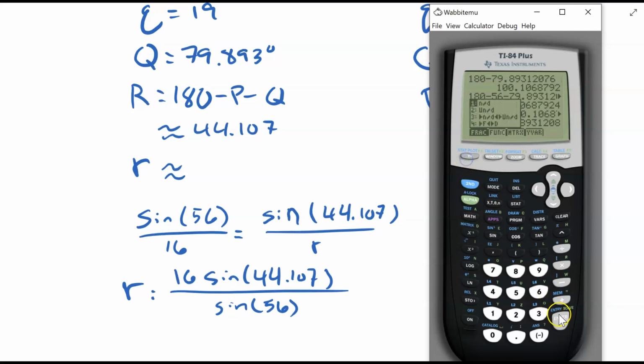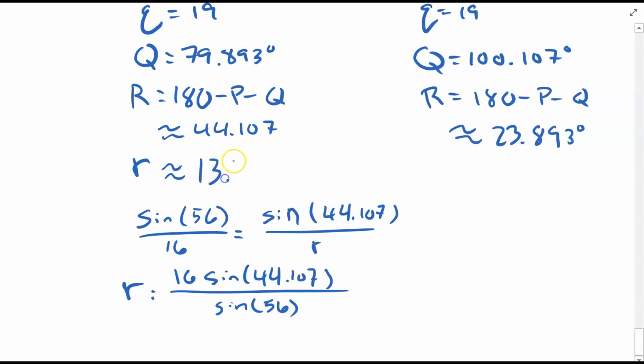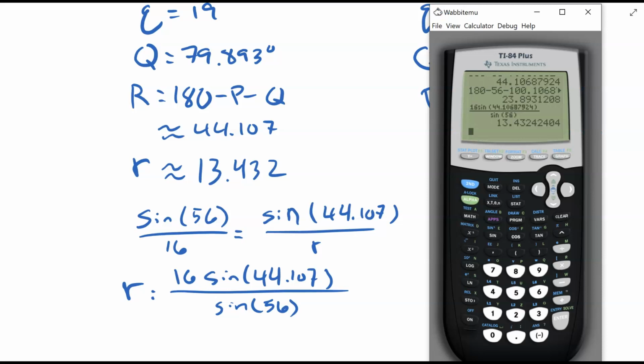And like I promised here, I'm going to use all the decimal points. And it probably doesn't matter, but I like to be careful on these. Oftentimes, because the values are so big, especially with the inverses and the sines and stuff, a little bit of difference can make a big difference.